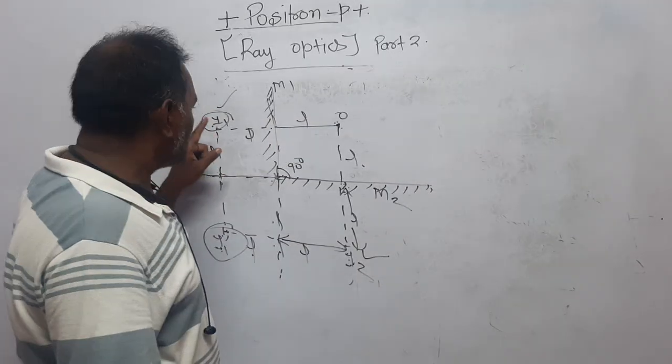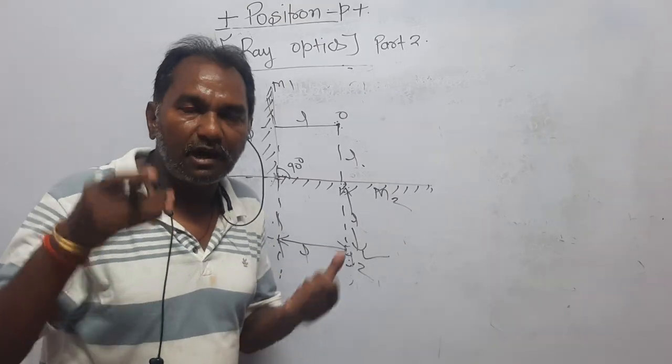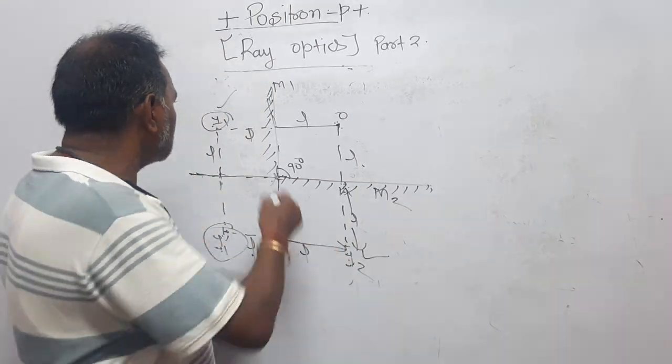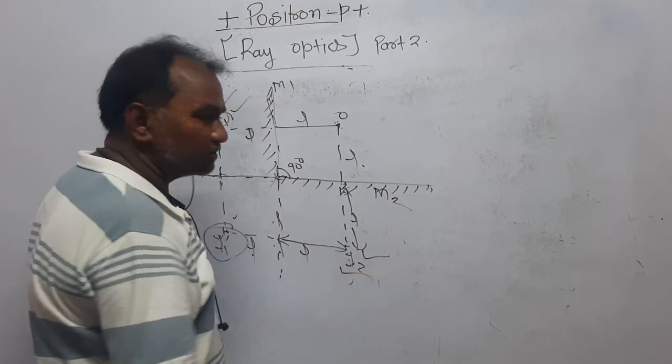So the images of I1 and I2 by these extended mirrors will actually coincide. That is why there are three images: I1, I2 and I1 dash.